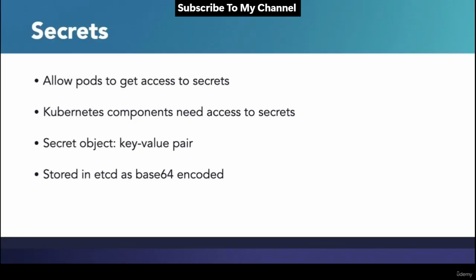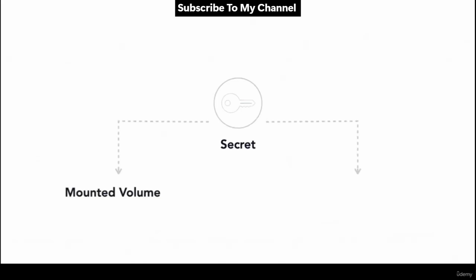This encoding is used to convert binary data into plain text format. Starting with Kubernetes version 1.7 onwards, secrets stored in etcd are also encrypted. These secrets can be passed on to your application via a mounted volume or via an environment variable.